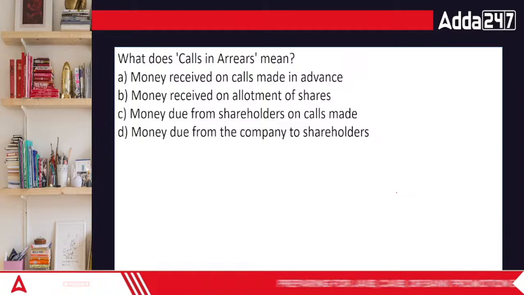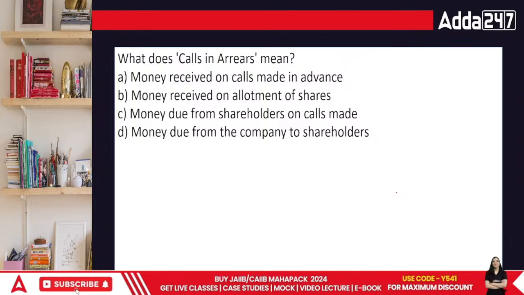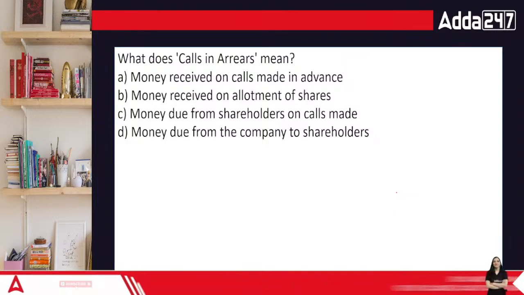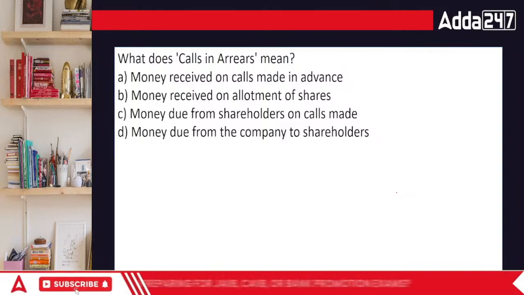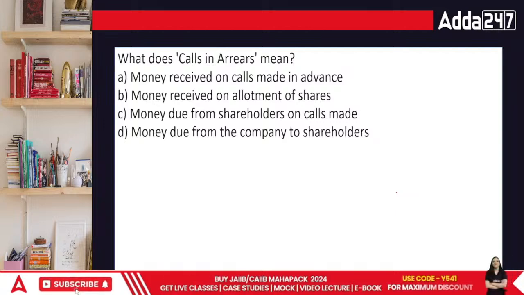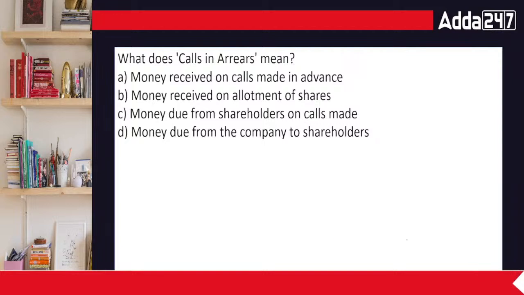Next point. What does the calls in arrears mean, everyone? Money received on call made in advance, money received on allotment of shares, money due from shareholders, or money due from the company to shareholders.